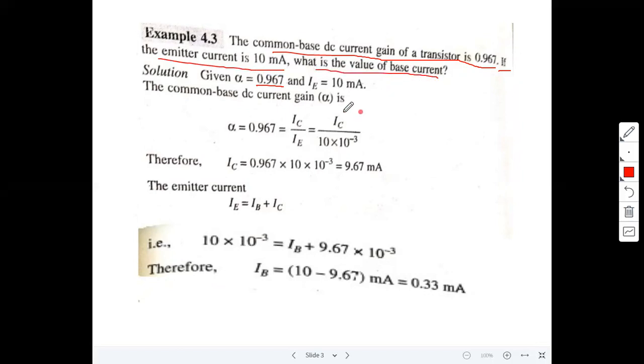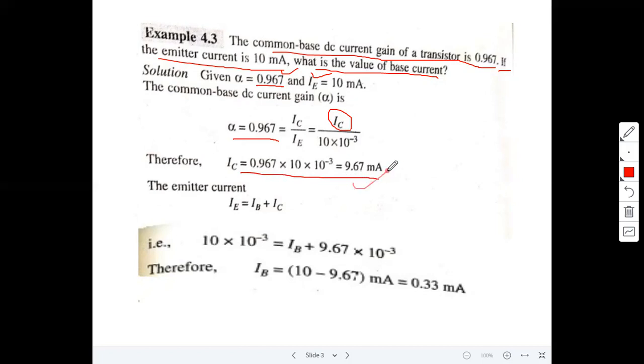Here the given parameters are alpha and IE. You know that alpha is equal to IC by IE, output current by input current. From that we can easily calculate IC current. So IC current is equal to 9.67 milliamperes.